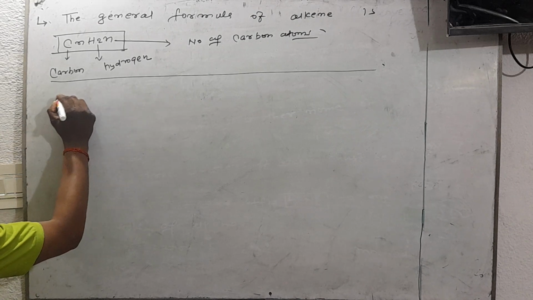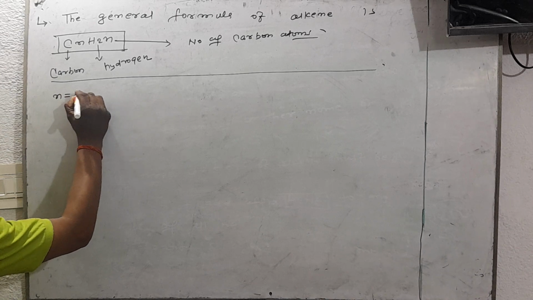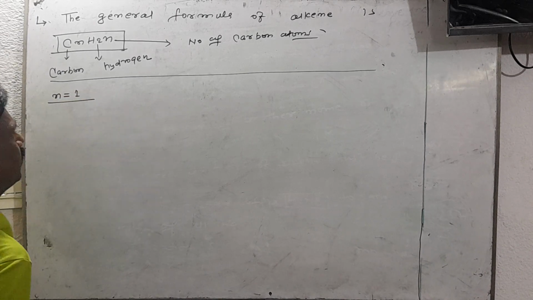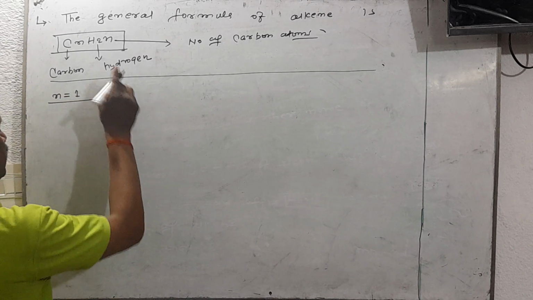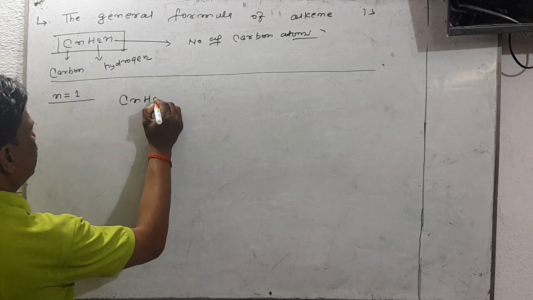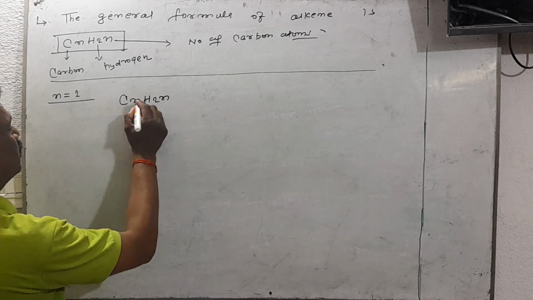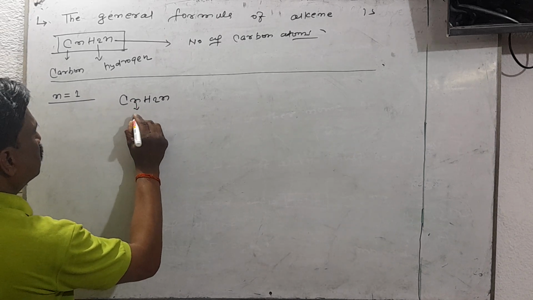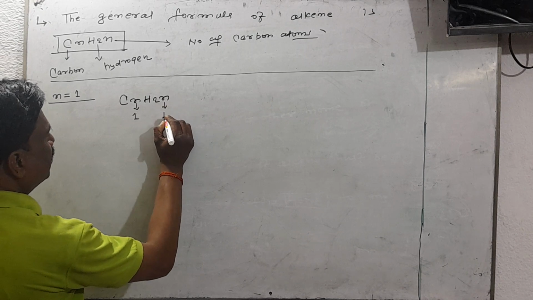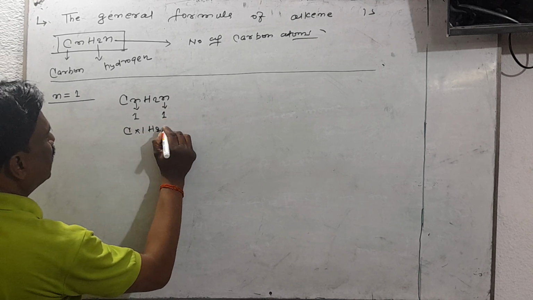If we take the value of n equal to 1, then we operate alkene as CnH2n. So we replace the value of n with 1. We finally get C multiplied by 1, H2 multiplied by 1.